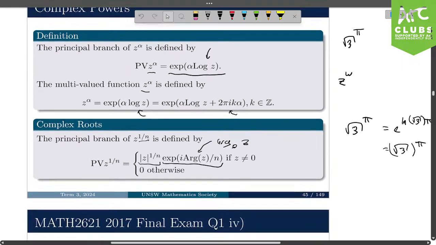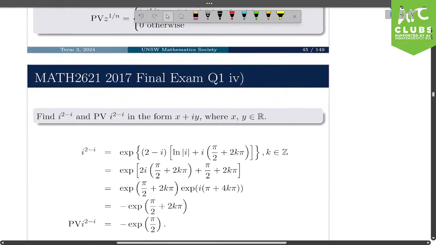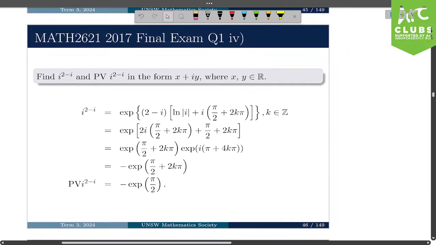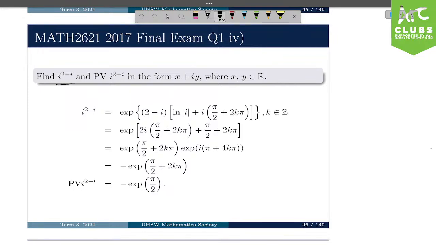Alright. Okay. So here, we're just going to apply this and try to find the set of values that could correspond to i to the 2 minus i, and also the principal value of i to the 2 minus i, right?